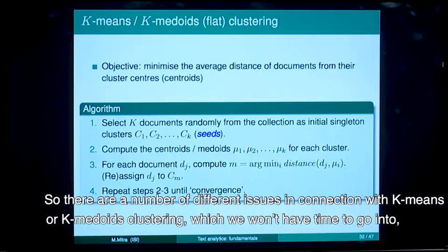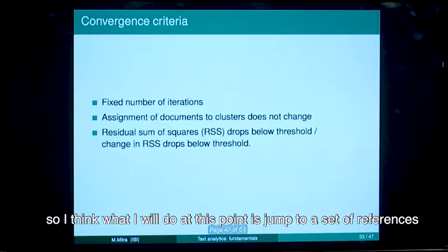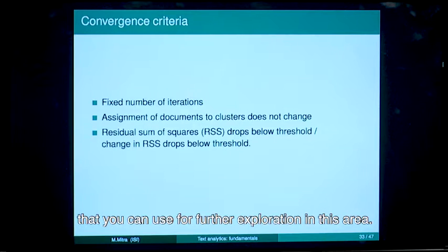There are a number of different issues in connection with k-means or k-medoids clustering, which we will not have time to go into. So, I think what I will do at this point is jump to a set of references that you can use for further exploration in this area.